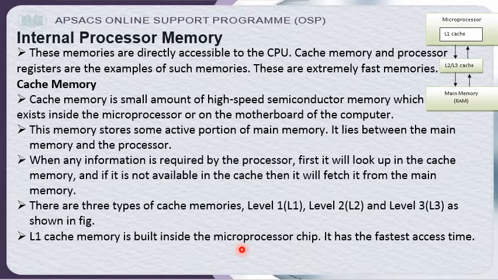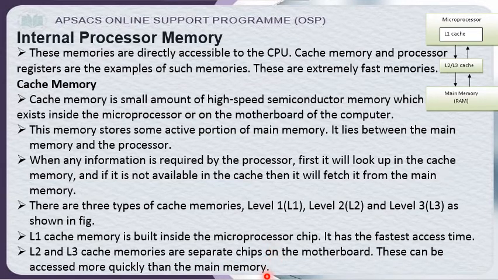All these memories are right now coming in a microprocessor. The fastest one is the L1 cache memory because it is very close to the CPU. While L2 and L3 cache memory are separate chips on the motherboard, they can be accessed more quickly than your main memory.